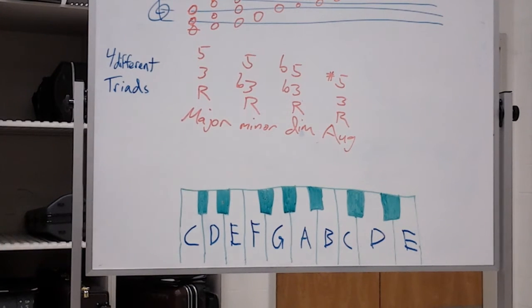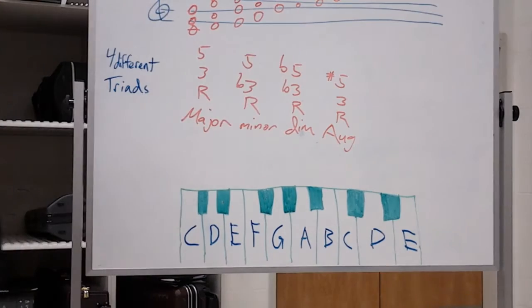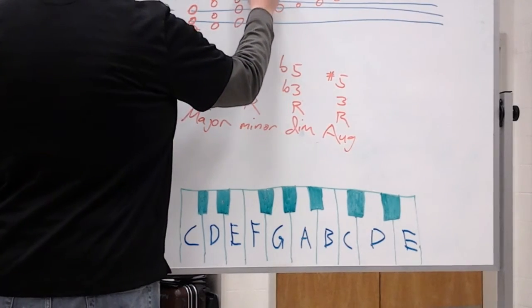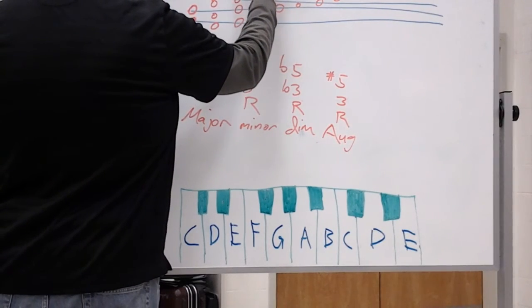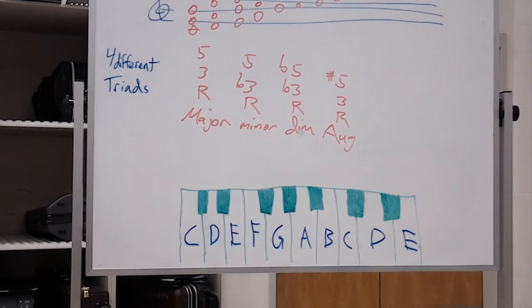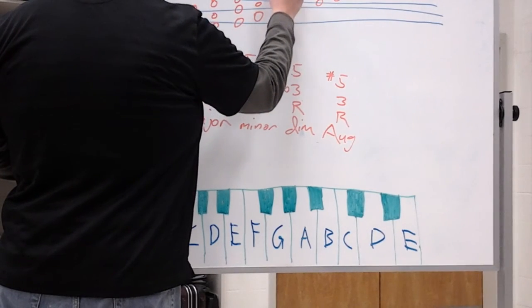If I build a triad on F, F, A, C, I now have a major 3rd from the root to the 3rd, so I now have a major chord. This is the subdominant, the 4 chord, F major. If I build it on G, I get my dominant chord, the 5 chord.